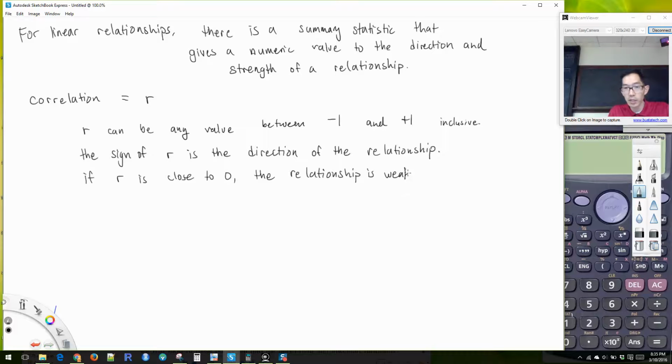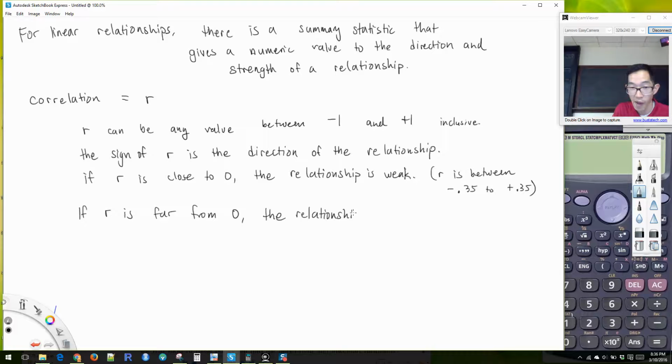And close to 0 is, I would say, R between minus 0.35 to plus 0.35, or even like 0.4, okay? So this I would say is close to 0. And if R is far from 0, the relationship is strong.